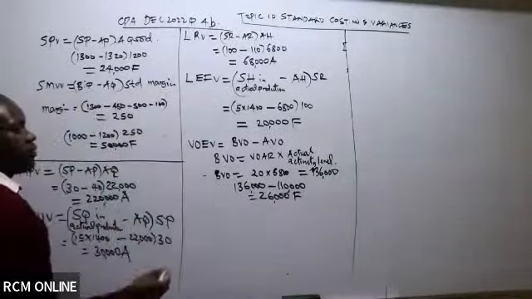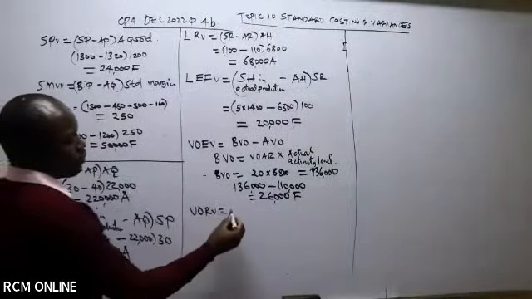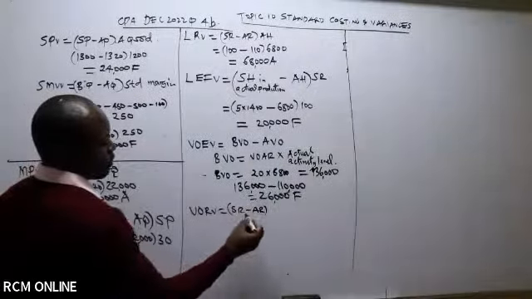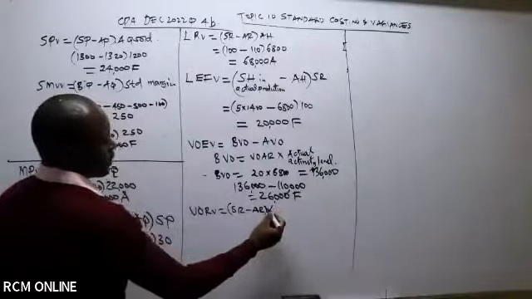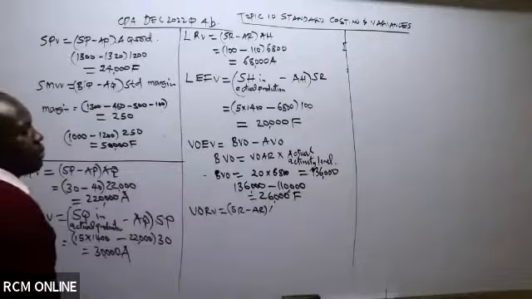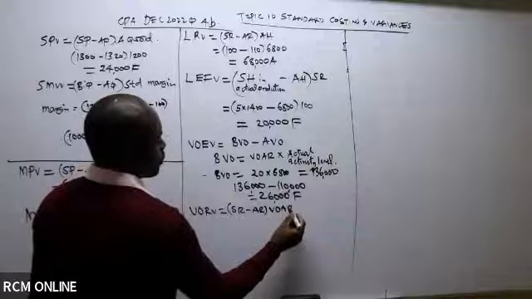Alternatively, they have said variable overhead rate variance is equal to standard rate minus actual rate multiplied by actual hours, right? Under actual hours, we are talking about the variable overhead absorption rate.